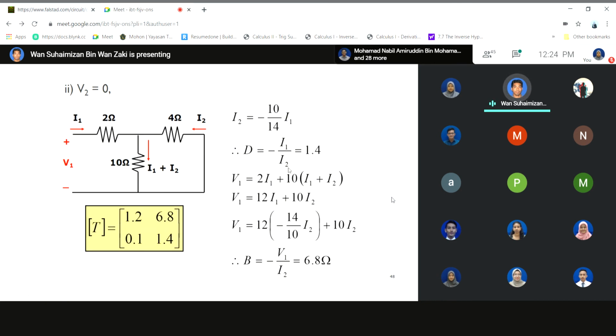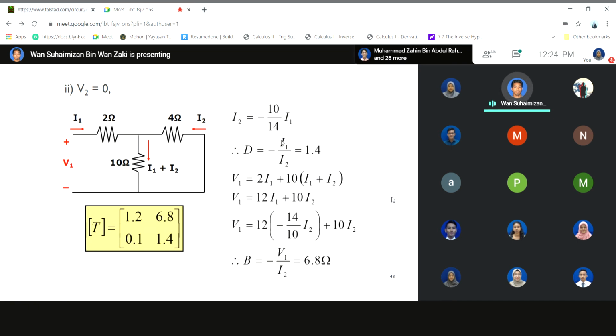So D is the ratio between I1 and I2. Here, you can see I1 and I2, you can relate them using current divider rules. I2 here, because it's this direction going inside the port. So I1 goes to this side. So that's why I2 is negative 10 over 14 I1 using current divider rules, and then from there you can get the ratio I1 over I2.